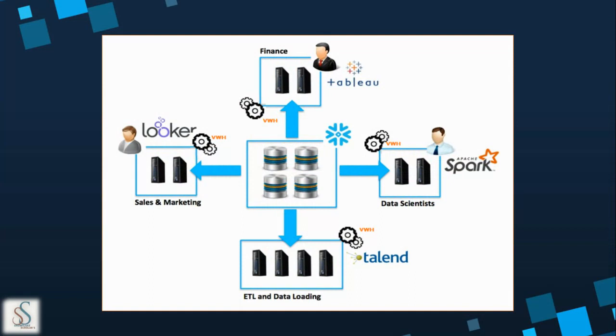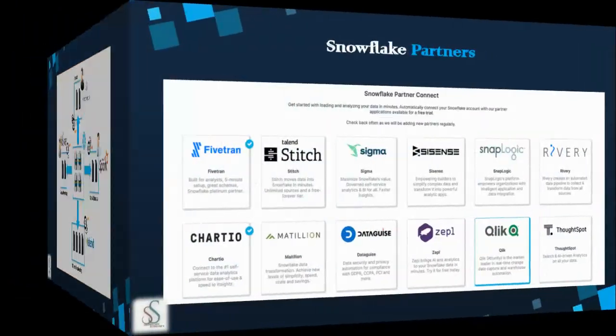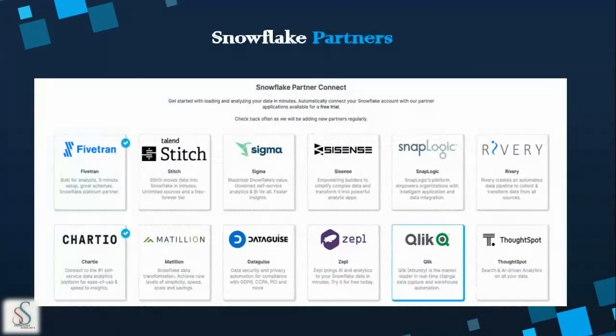And these are all Snowflake partners. I listed only a few here, but there are so many Snowflake partners which already have inbuilt connections. So if you want to work on Fivetran, you need not explicitly connect Snowflake with Fivetran, you can just start using it.